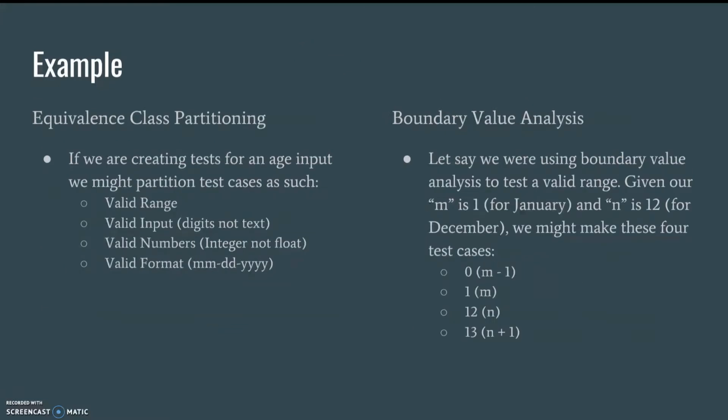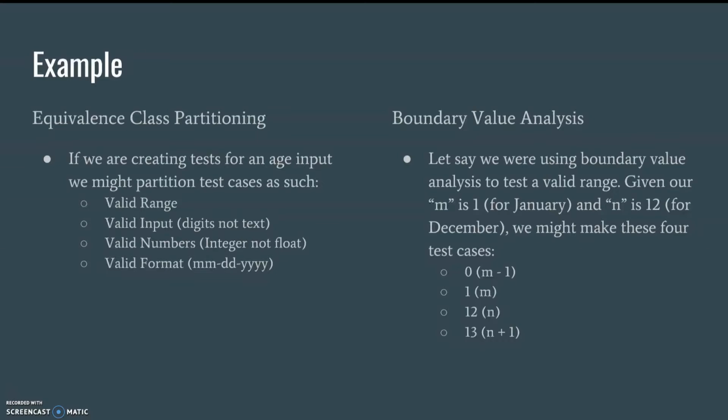Here are some quick examples of each. If we made a form for people entering personal information such as their age, and we wanted to think of test cases for testing the month, in equivalence class partitioning, we might separate these test cases into things like valid range or valid input, valid numbers, or the valid format.